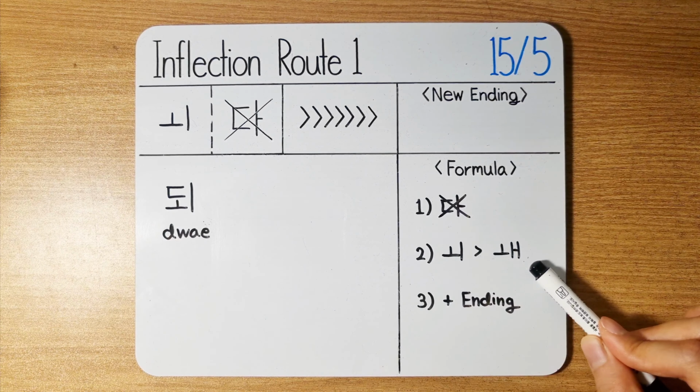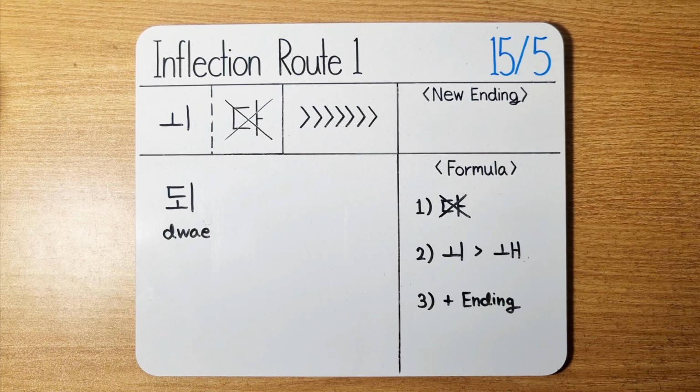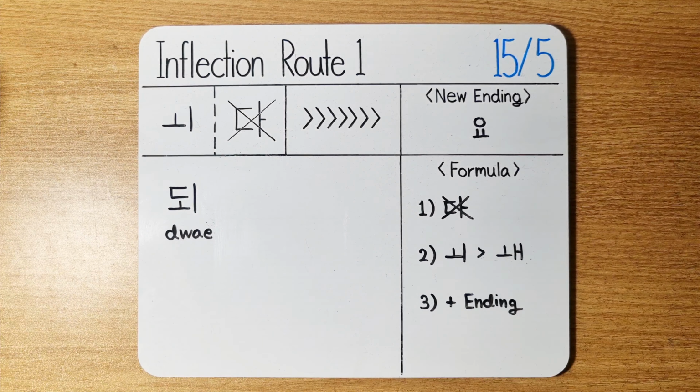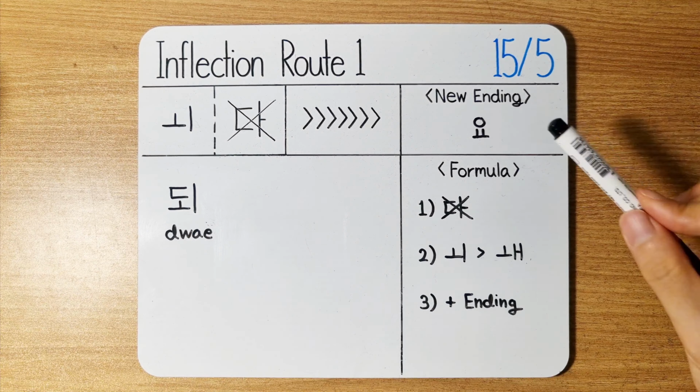And then step number 3, now you can attach some kind of a new ending that you want to use instead of the ta ending. So in this case, let's use the ending for actual form present tense, which is yo, and which is also, of course, an ending that belongs to Inflection Route number 1.